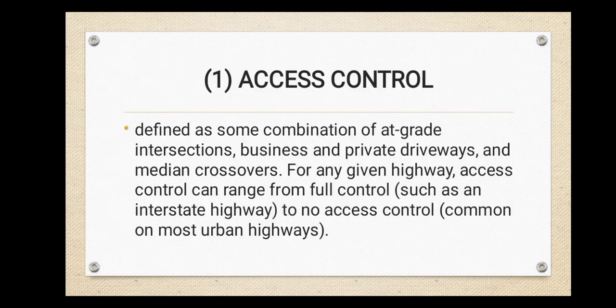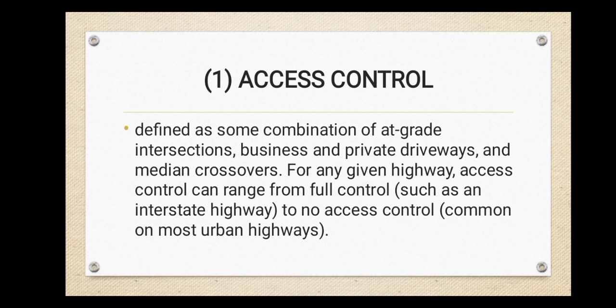Access control is defined as some combination of at-grade intersections, business and private driveways, and median crossovers. For any given highway, access control can range from full control, such as an interstate highway, to no access control, common on most urban highways.